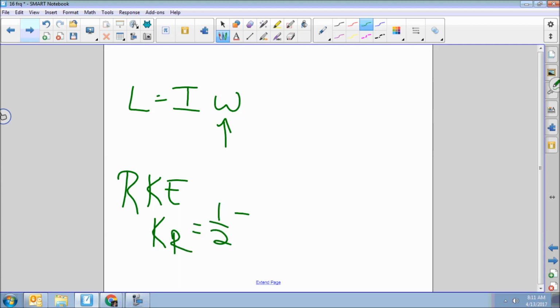That's 1/2 I times omega squared. Our omega is the same, but our I is decreasing. So we're losing rotational kinetic energy, so the motor must be doing negative work to decrease the rotational kinetic energy. Good? Okay, cool.